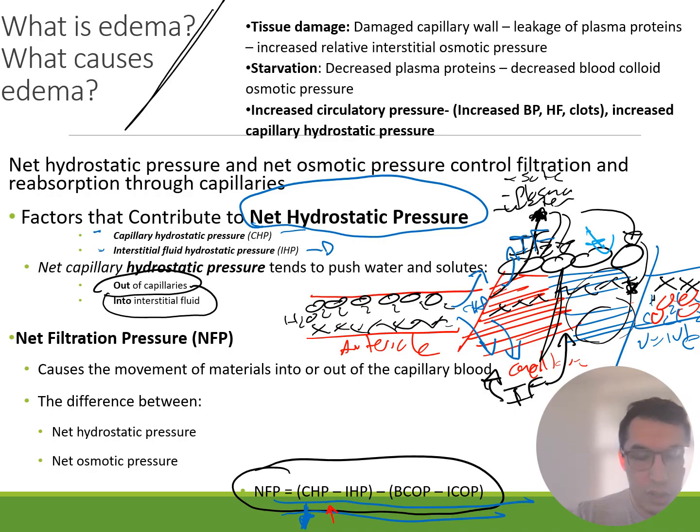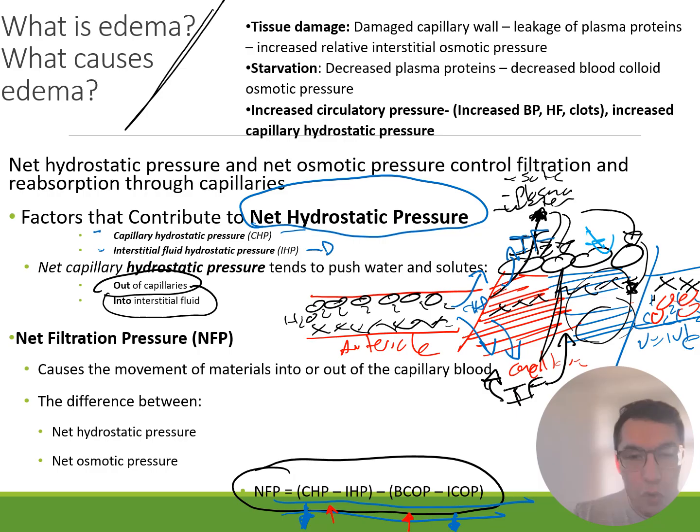That is smaller. Minus, we have the blood colloid osmotic pressure. It's pushing pressure inside of the vessel. And the interstitial colloid osmotic pressure, that is pushing it out.